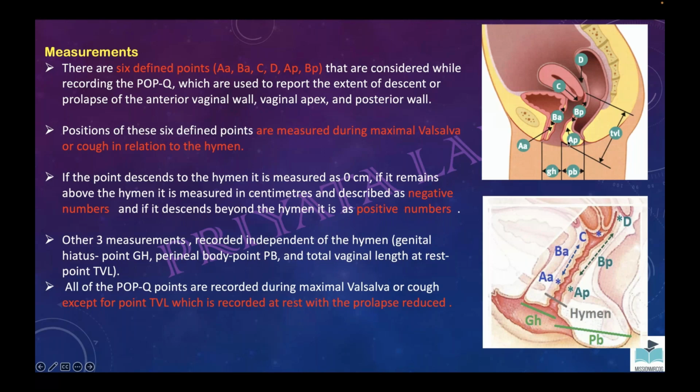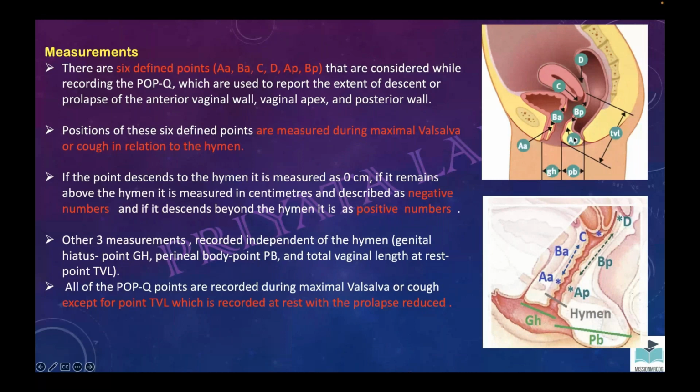Bp is the most distal part of the posterior vaginal wall, and if there is no prolapse, it will be -3. And D will be the posterior fornix.